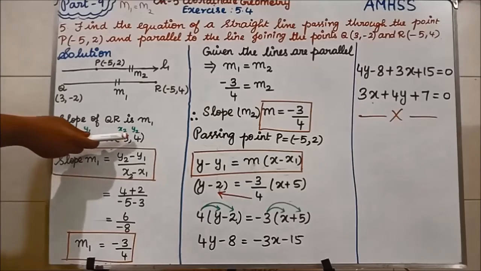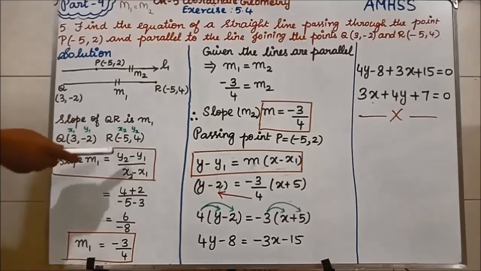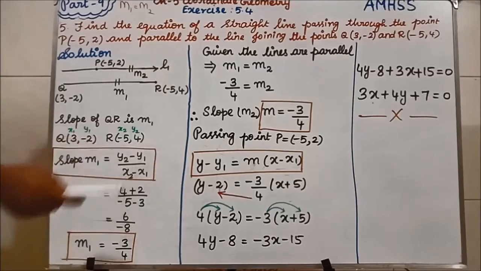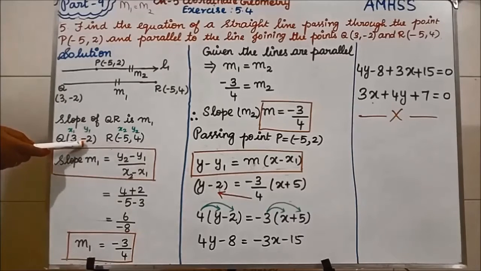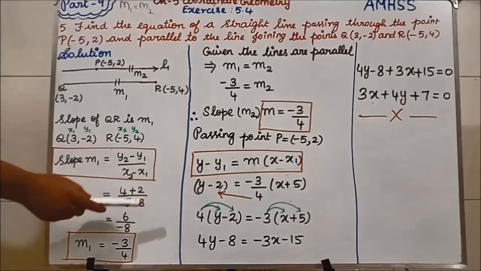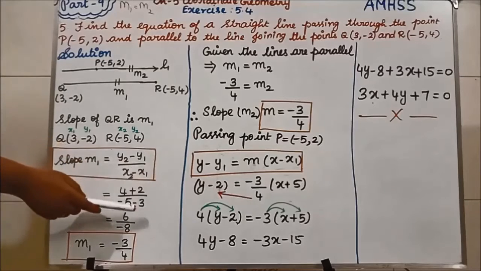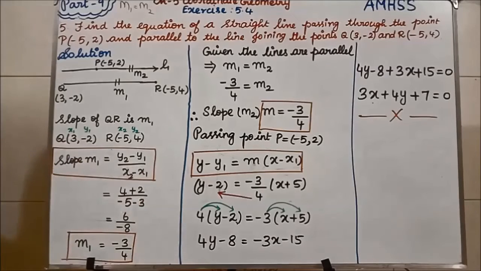x1, y1, x2, y2. What is our y2? 4. So 4 in the formula, minus y1. What is y1? Minus 2. So minus becomes plus: 4 plus 2, divided by x2, which is minus 5, minus x1, which is 3. So minus 3. 4 plus 2 is 6.